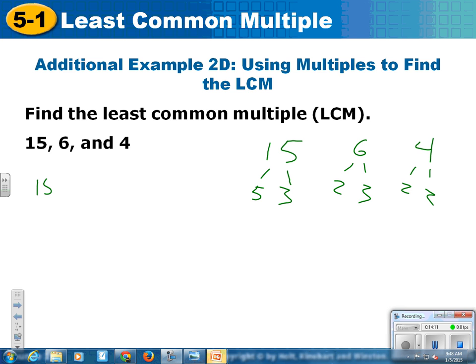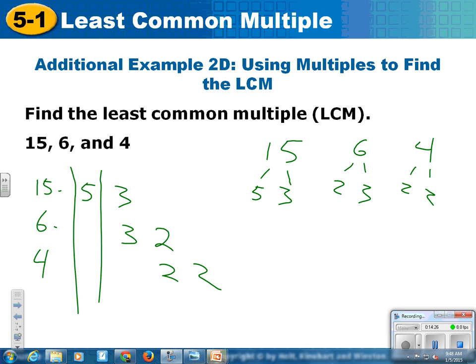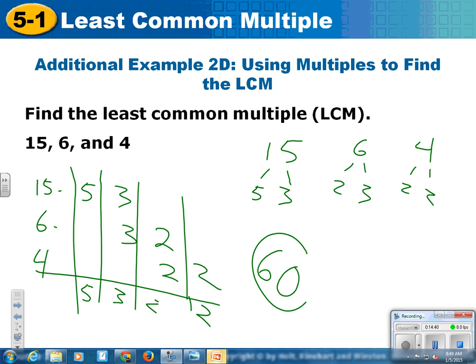We have 15 is 5 and 3. For 6, it is 3 and 2. And for 4, it is 2 and 2. So then we have these columns right here. 5, 3, 2, 2. 5 times 3 is 15, times 2 is 30, times 2 is 60. 60 is our answer.